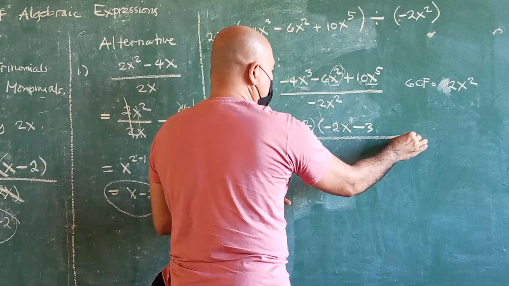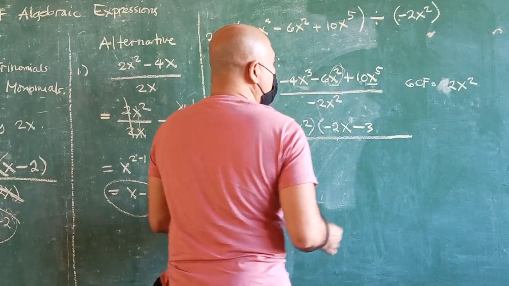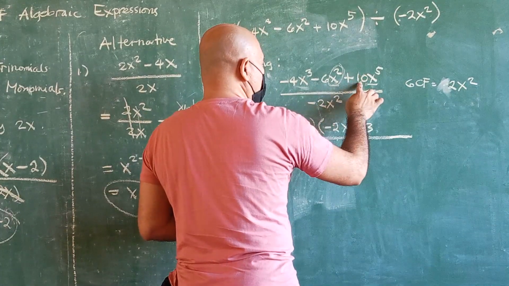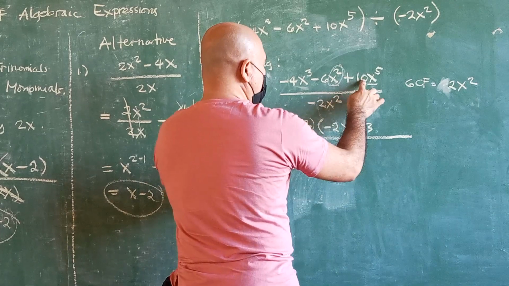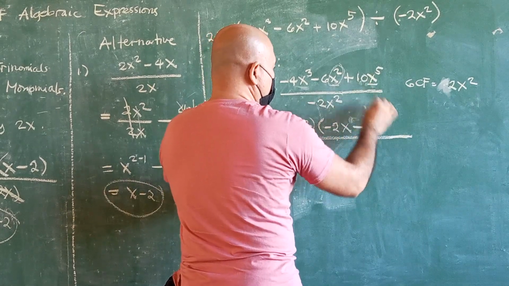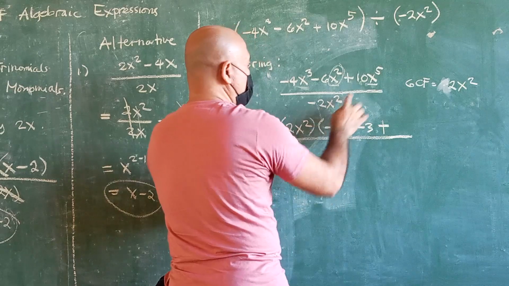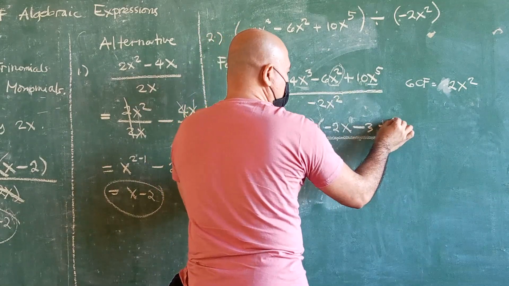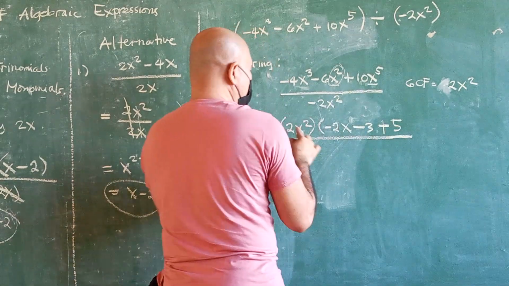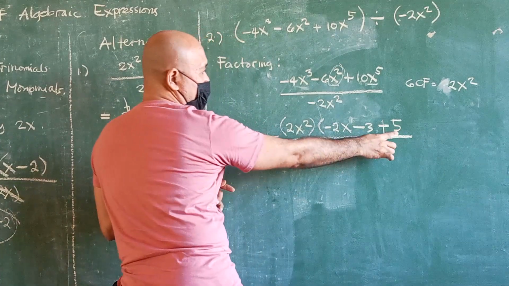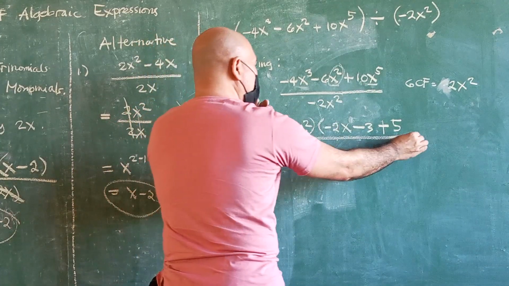Only 3 as the constant. And just bring down plus, and when you factor out 2 from 10, the coefficient becomes 5, so that when you multiply 2 times 5, that becomes 10.